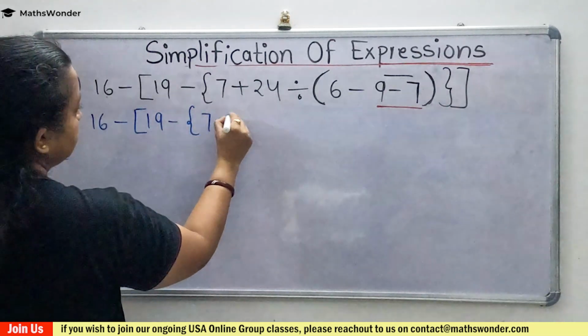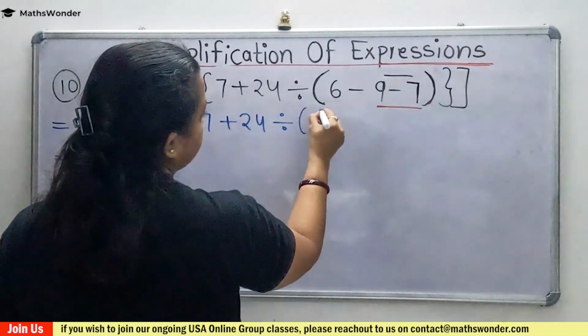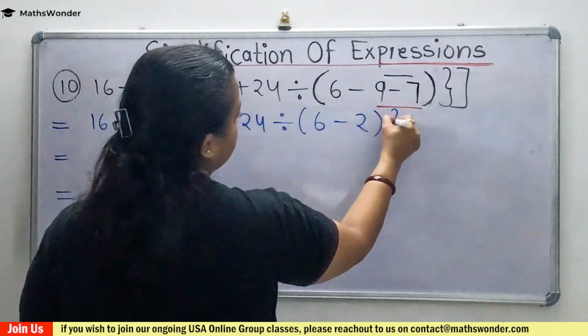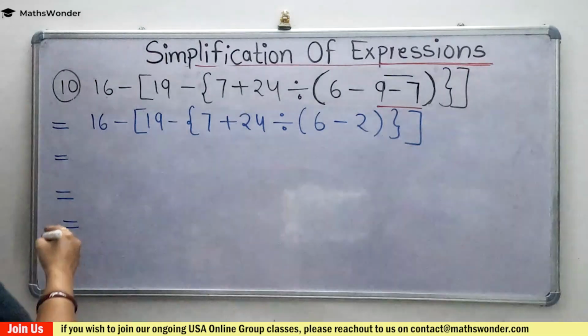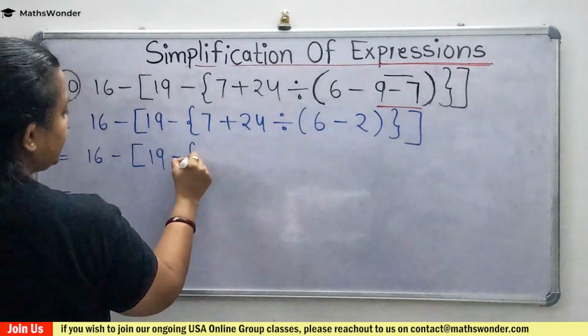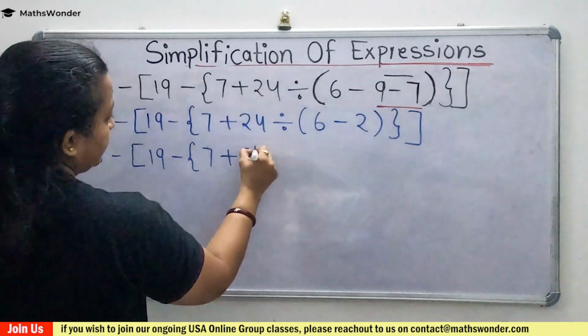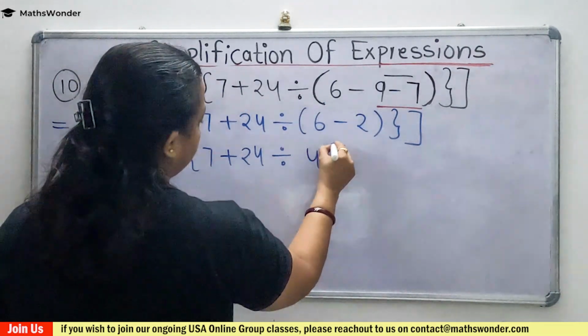It's 2. Okay, so it's a 6 minus 2. Now again we need to solve the small parentheses, then it will be automatically removed. So 6 minus 2 will be 4.